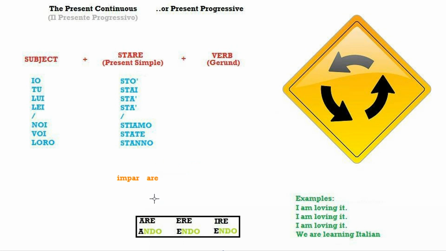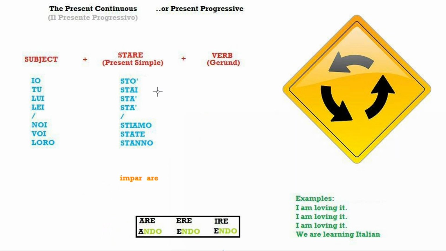It's an are type verb. Therefore, we take the stem and we move it over here, and we have the gerund. Imparando. And this is how you do it.